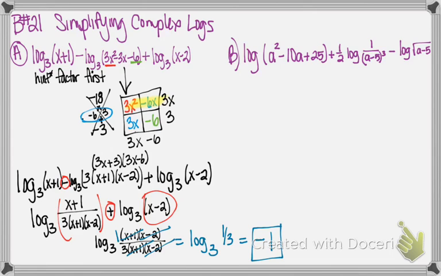Let's factor. What do we need to factor? The a squared. Yeah, so how do we factor a squared minus 10a plus 25? A minus 5. Yeah, a minus 5. So 25, we get negative 5. So we can rewrite that.